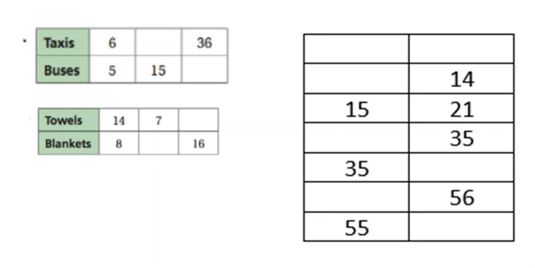So in this particular case, my ratio of taxis to buses is 6 to 5. So you want to look at what's been given. I can go from 5 to 15 if I multiply by 3. So the same thing on top, if I multiply by 3, okay? If I want to get to 36, I look at these.